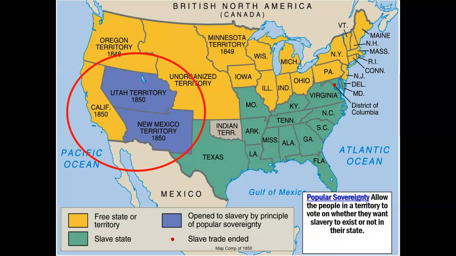But when you open up Kansas to popular sovereignty, the Southerners see an opportunity because Kansas is right here. Missouri is right there. And many Southerners believe that cotton can be grown in Kansas. And if they can just get Kansas to pass a state constitution and come into the Union as a slave state, then what?